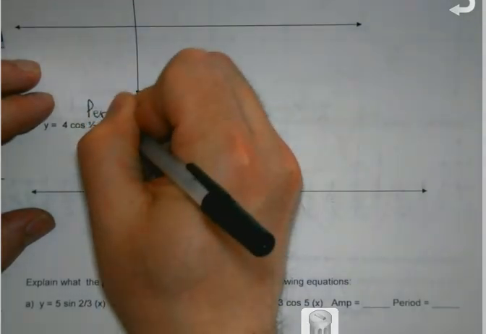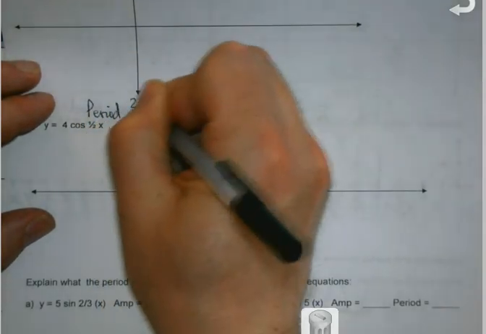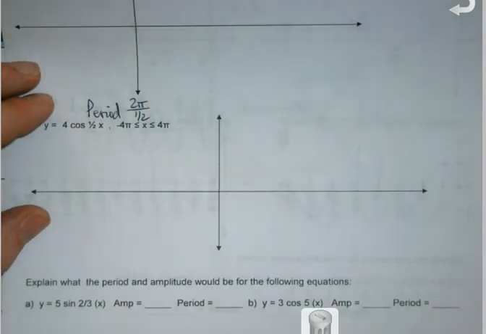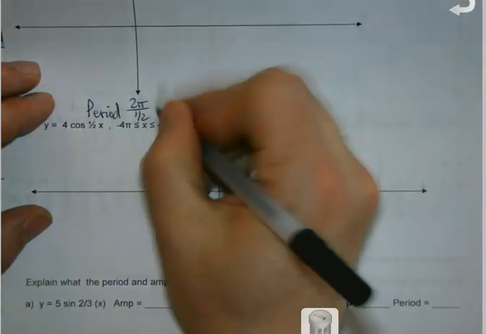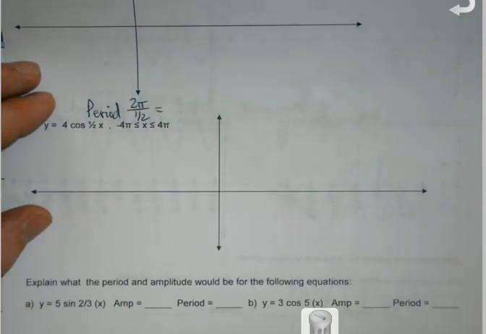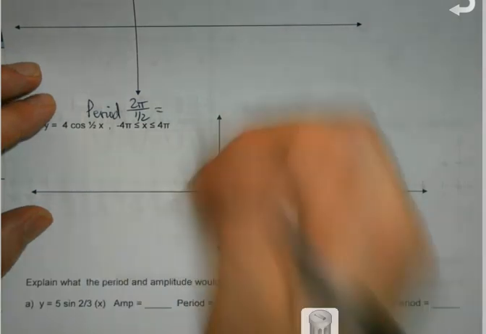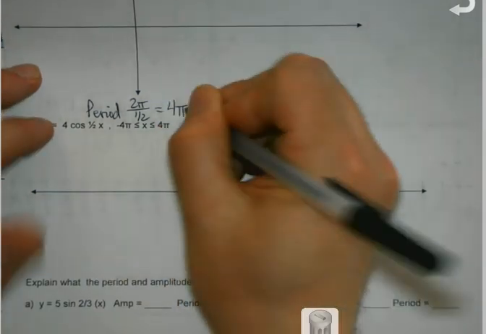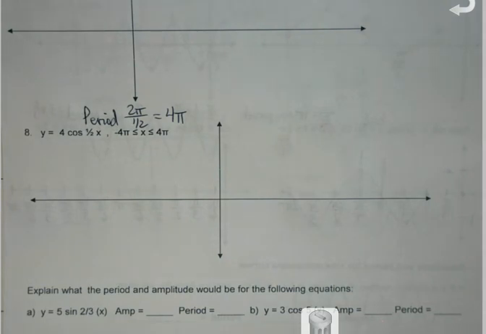Okay. Period. 2 pi divided by 1/2. What's that going to be? Four pi. Because if you divide something by a fraction, it's going to make it get bigger because you're dividing by less than 1.